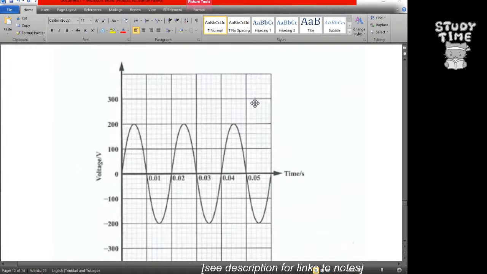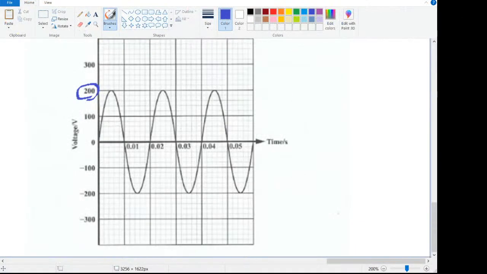If you only look at this here, you can see the peak voltage is 200. And you can see the period is 0.02 seconds, because that's how long one rotation takes.